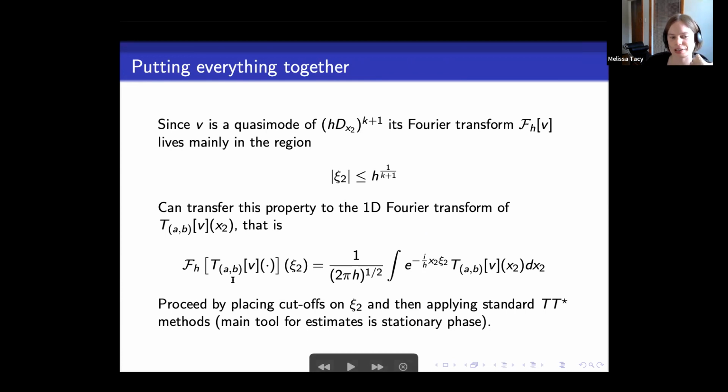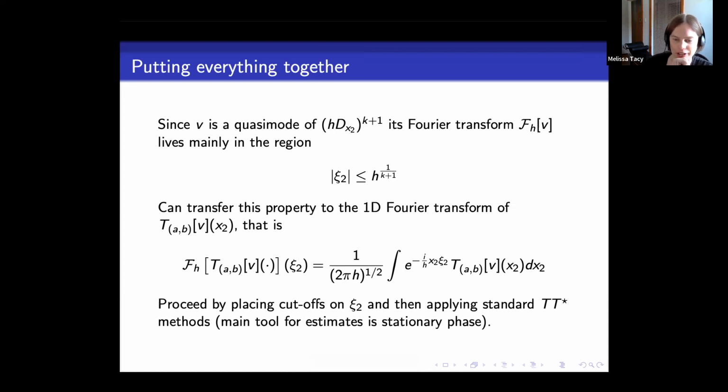So what I mean here is that I'm taking the wavelet transform in x1 and then the Fourier transform in x2. I place my cutoff and then I sort of feed this all into the Fourier integral operator and apply some pretty standard techniques. And once I do that, then I can verify that in fact the growth rates that I conjectured were true.